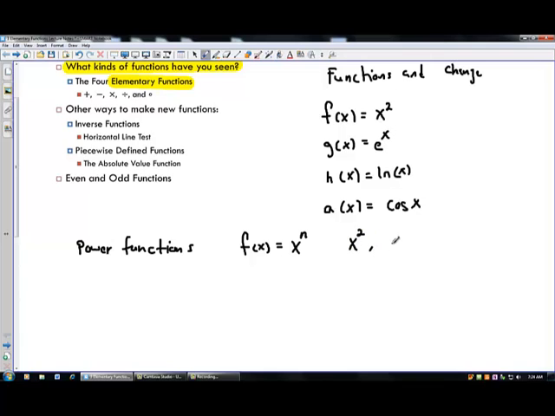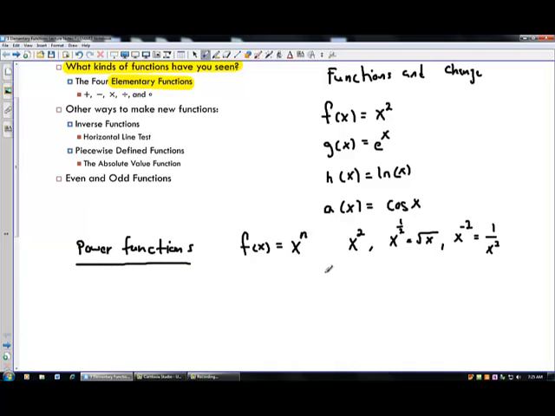You could also have x to a fractional power, like x to the 1/2, which is really the square root of x. You could even have x to a negative power, so instead of positive 2, let's put negative 2 here, and that would actually be 1 over x squared. So you can have any power up here in the exponent, and that's what we mean by a power function.